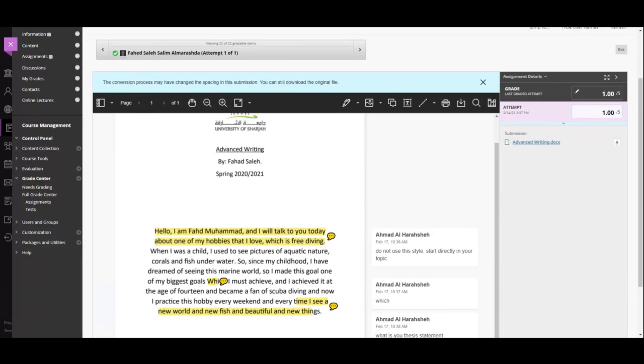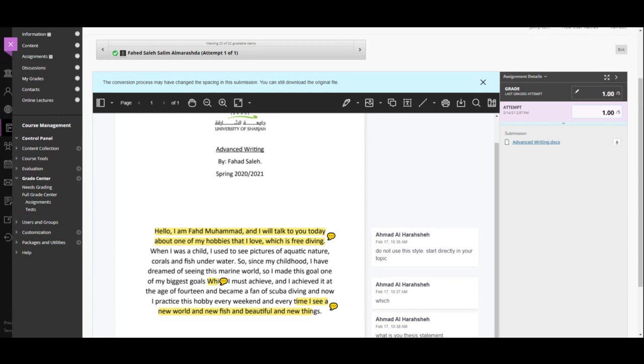You start from broad till narrow. It's what we call the inverted pyramid. You start broad, generally, then you start talking specifically about the topic that you are going to discuss, inshallah. So this style is unacceptable.